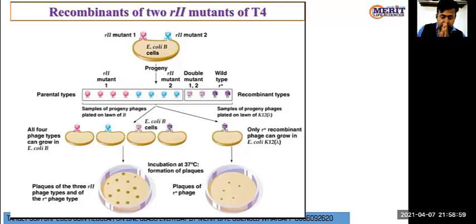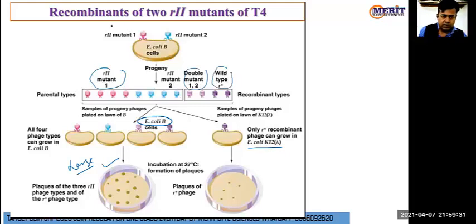So now I think you got a clear idea about E. coli strain B and E. coli strain K, right? Now what you can see is larger plaques based on the rII mutant 1, rII mutant 2, double mutant 1, 2, and wild type r plus.